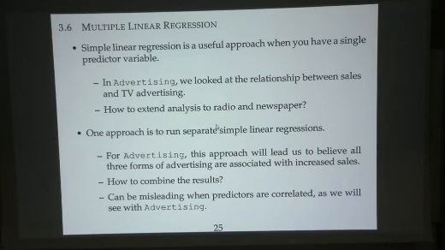In the advertising data set, the response was sales, and the predictors were radio, newspaper, and TV. We considered that you can run separate simple linear regressions on each of the variables, but that may not be the correct thing to do, because some of them may be correlated, and the correct idea is to look at the predictors together.